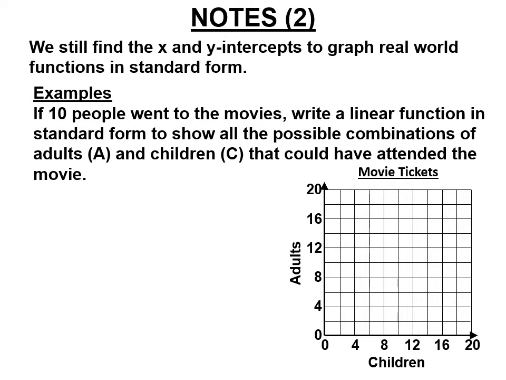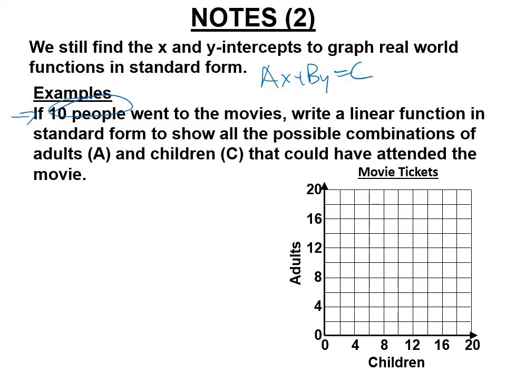If 10 people went to the movies, write a linear function in standard form. So we're using ax plus by equals c, but we're not going to use x and y. We're going to use real-world variables. Write a linear function in standard form to show all the possible combinations of adults and children that could have attended the movies. Let's think about that.